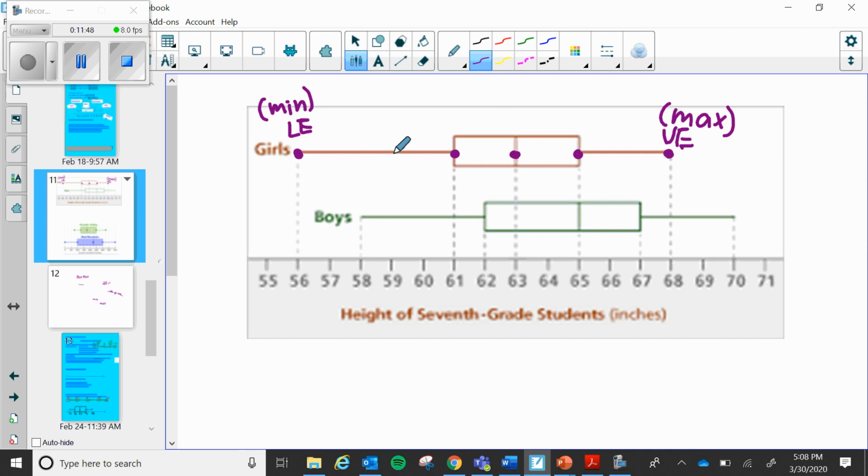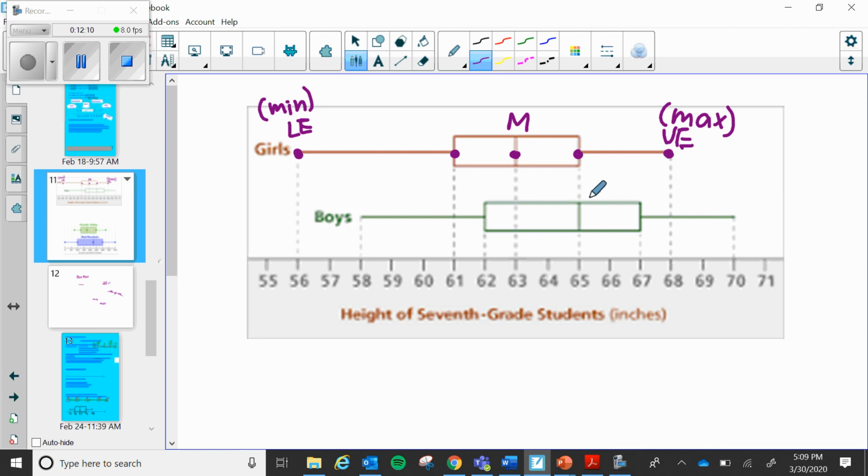And if we've got 5 points, it's really easy to figure out which one is in the middle. So right here, literally right in the middle, that is our median. If you can't find it that way, look for your box, and the line going down the middle of your box will be your median.